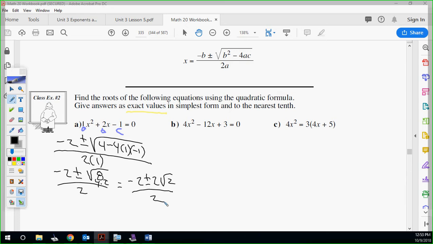And so this 2 divides here. It doesn't divide into the radical, right? So your answer is negative 1 plus or minus root 2. There's a 1 here. You don't write it, though. Negative 2 over 2 is negative 1. 2 over 2 is a 1, so that's 1 root 2. That's exact form.